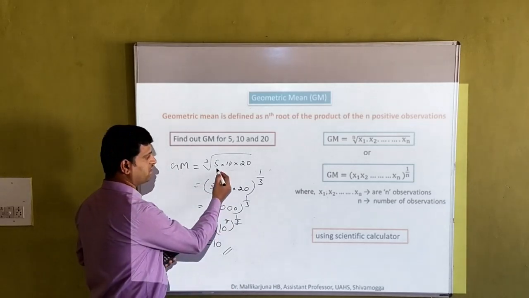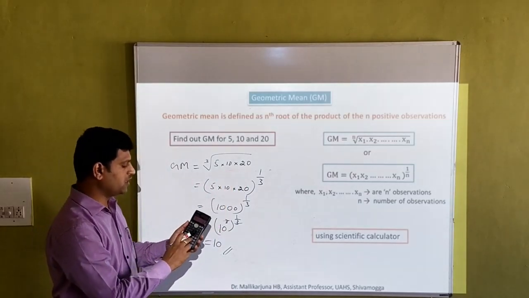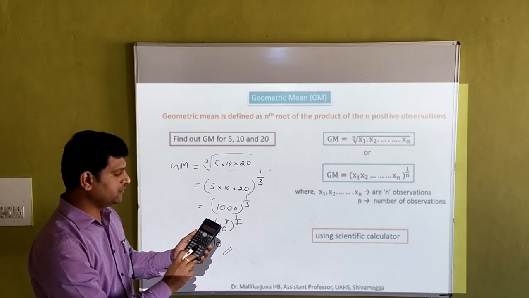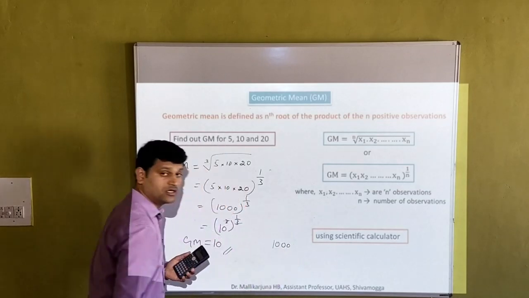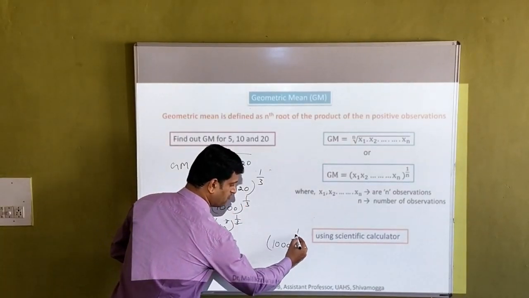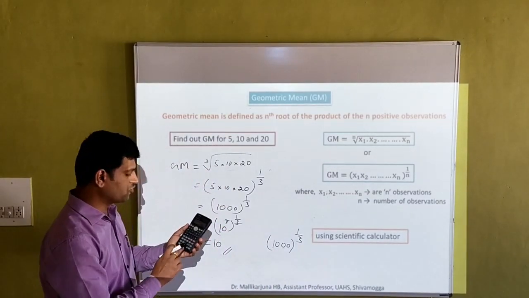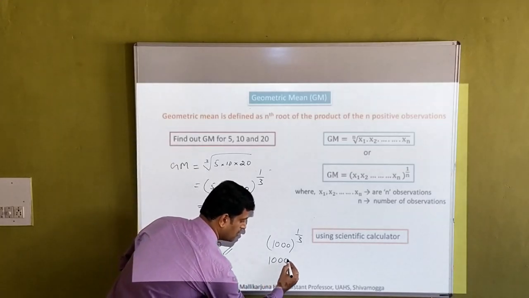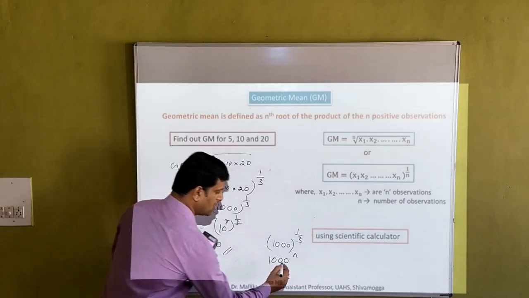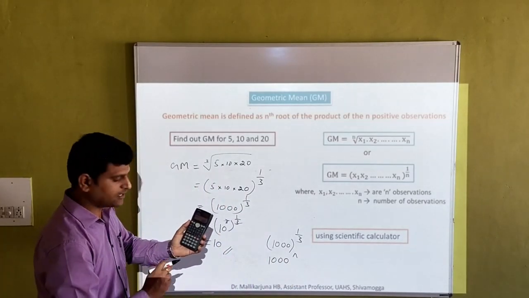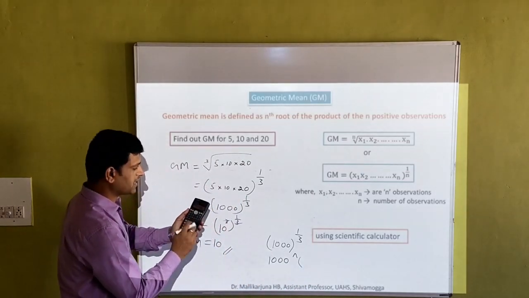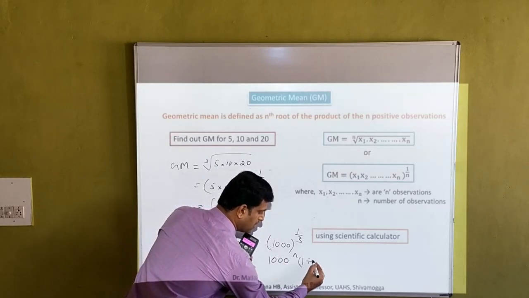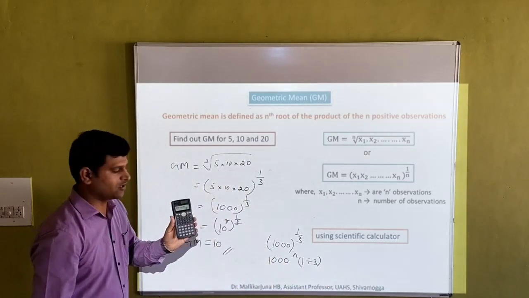First take 5 into 10 into 20, so I got 1000, the product of all these values. Then in the calculator take 1000, then the power symbol, then open the bracket, 1 divided by 3, close the bracket, enter, and you get 10.